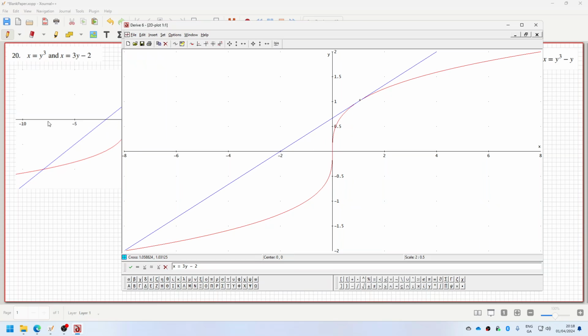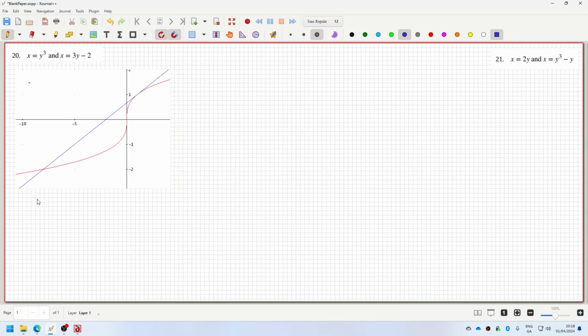That looks like 6 or 7. Ooh, that'd be a bit tougher to judge. y cubed minus 3y plus 2 equals 0. That's 7 or 8, maybe.